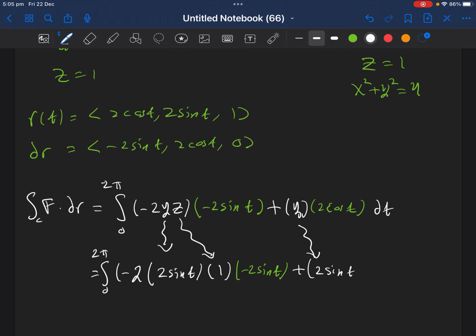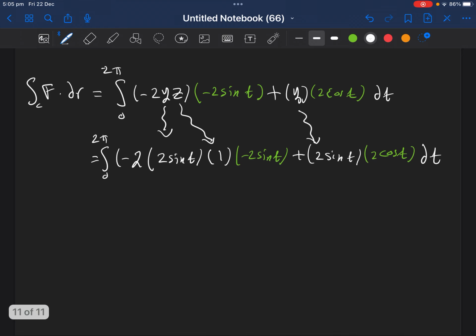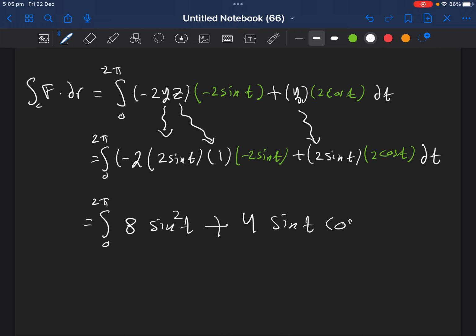It will be 2 sine t times 2 cosine t, of course, dt. Now we work with this integral. It will be 0 to 2 pi. This integral will be minus 2 and 2. It will be 8 sine squared t plus 4 sine t cosine t dt.